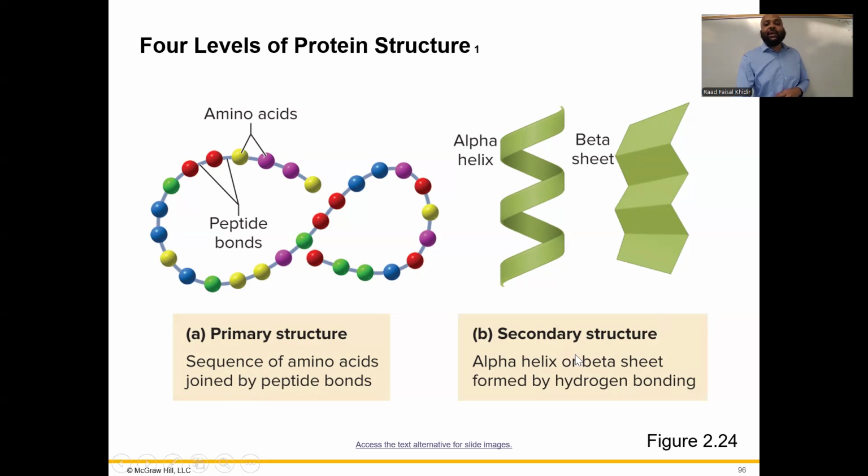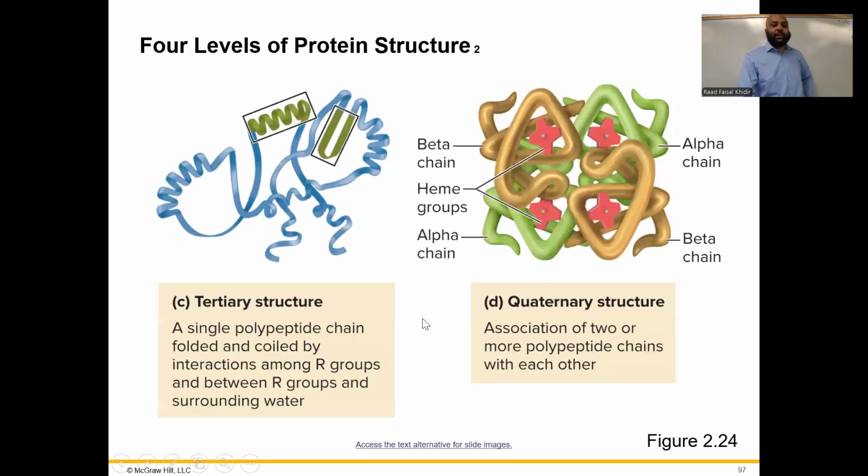Then we have a secondary structure. A secondary structure is an alpha helix or a beta pleated sheet formed by hydrogen bonding. That's alpha secondary and beta pleated sheet secondary.